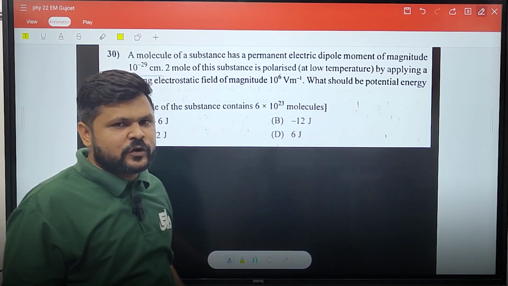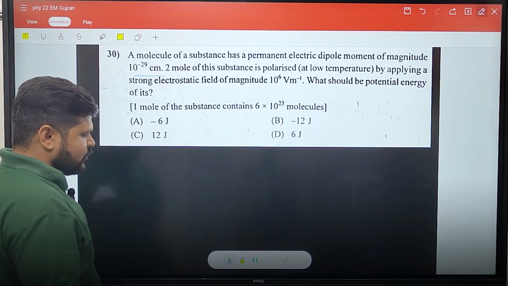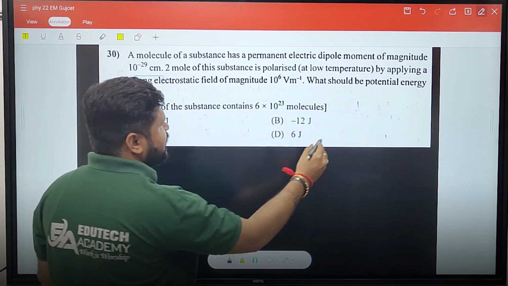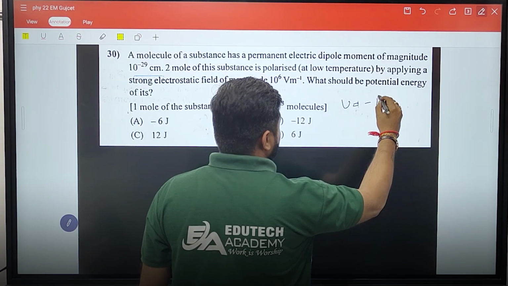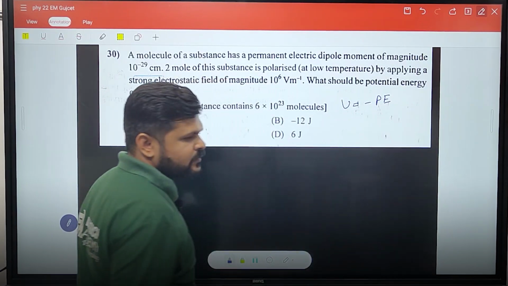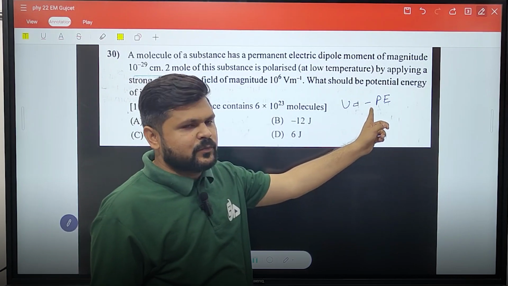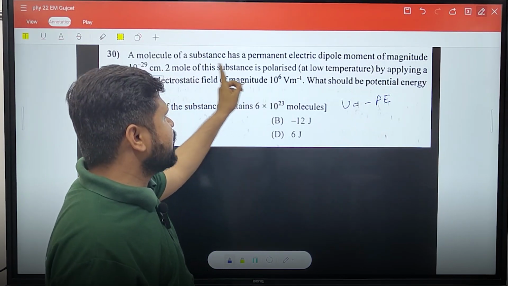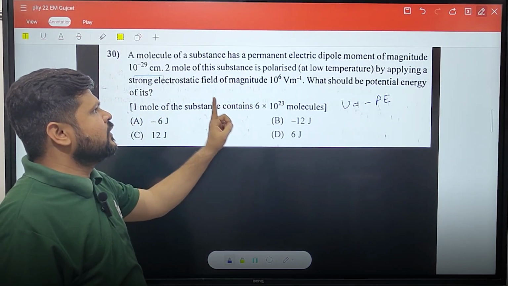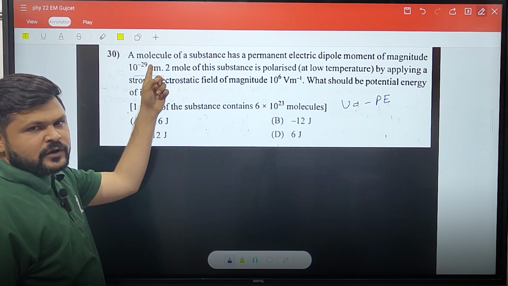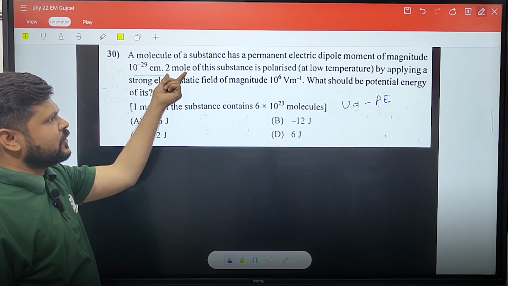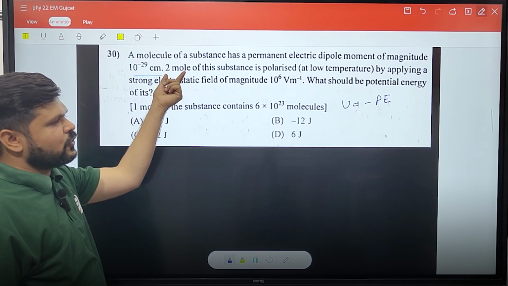So what will be its potential energy? That is the question. To find the potential energy, simply we will use this formula, U is equal to minus P dot E, where P is the dipole moment. Here we are given the dipole moment of only one molecule, but we are given the quantity of this material as 2 mole.